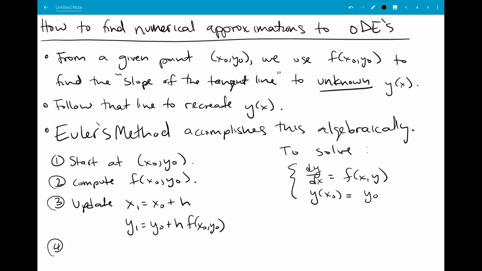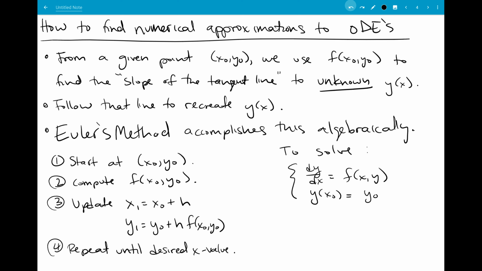And then we're going to repeat until we reach the x value where we want to stop.